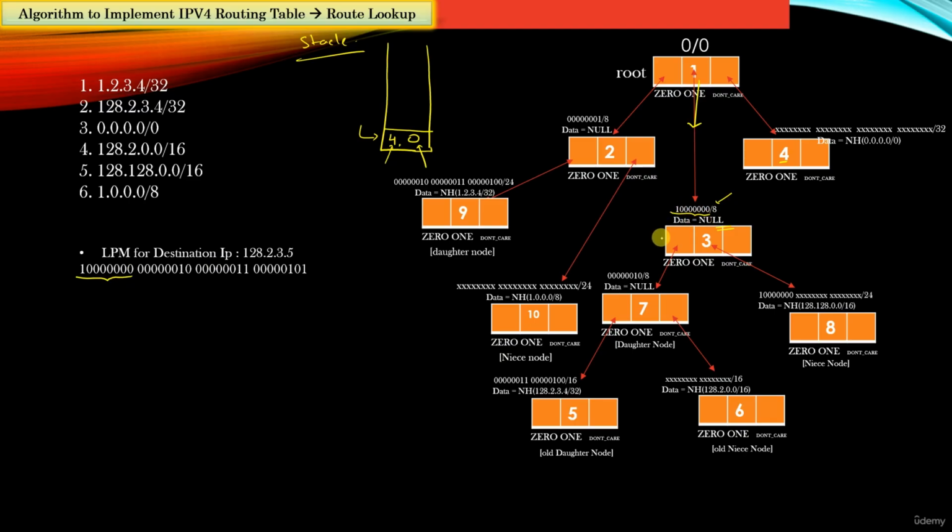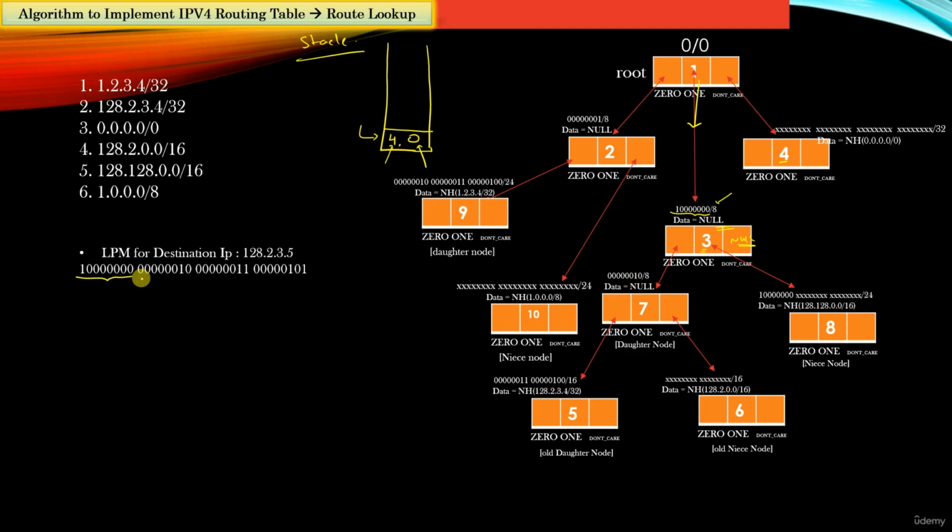Alright, and they exactly match. Now as the second step, we also need to push the don't care child of the node 3, but in this case the don't care child of the node 3 does not exist, it is null. So no need to push anything into the stack. Alright, and we will continue our search down the tree.